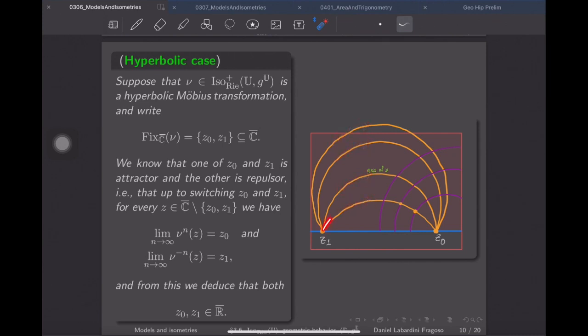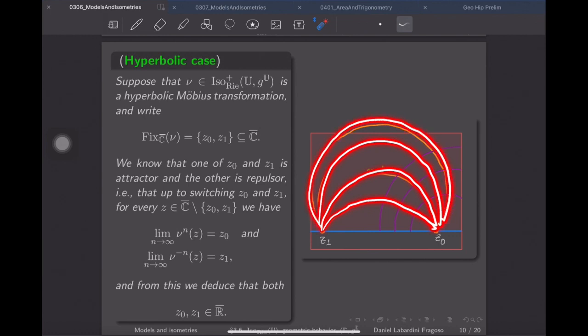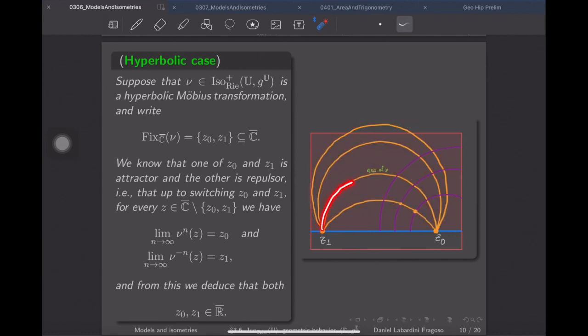What you are seeing here are curves that are stable. Each of them is stable. They are not shortest curves, right? Only one of them is a shortest curve, which is the one which is a segment of a common circle that is actually orthogonal.